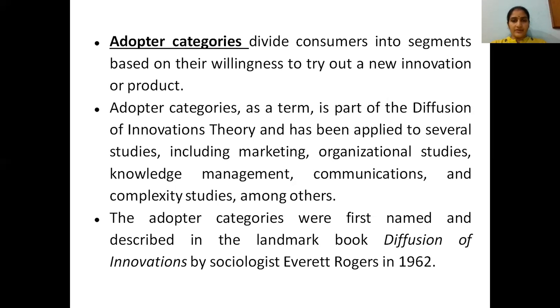The adopter categories were first named and described in the landmark book Diffusion of Innovations by sociologist Everett Rogers in the year 1962. So who introduced these adopter categories? It was first named by a famous sociologist, a communication theorist by name Everett Rogers, in his famous book Diffusion of Innovations in the year 1962.